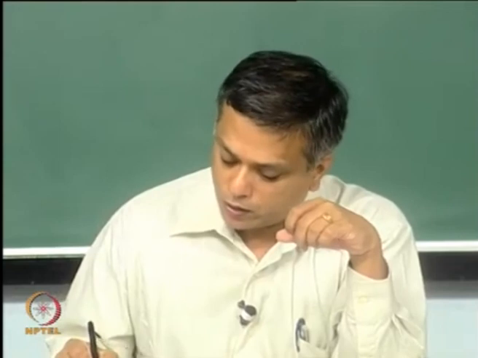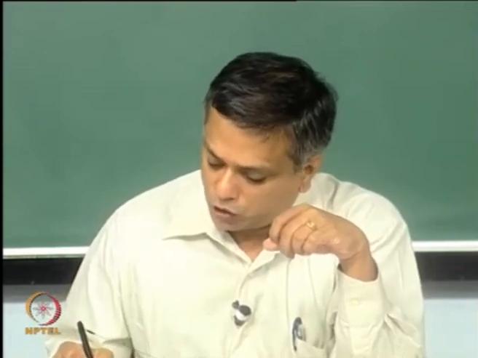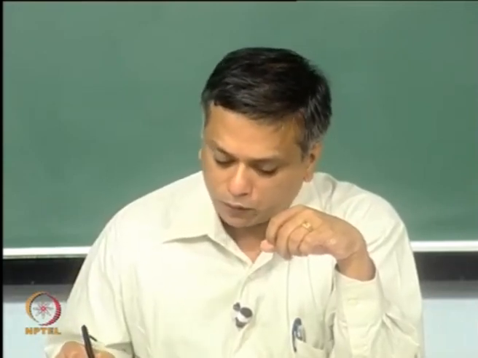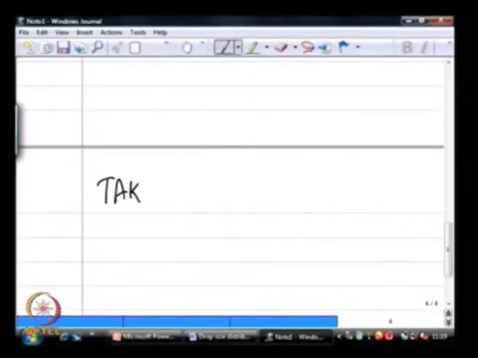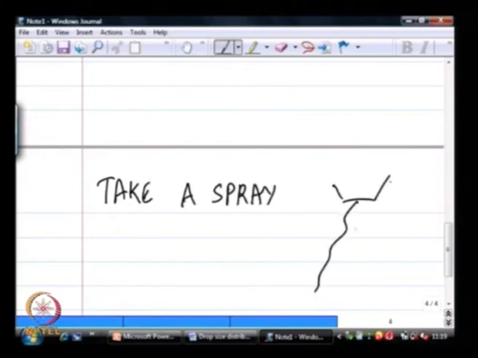Now, just to set things in perspective, if I take a spray, I have a spray nozzle that has got this spray. In the most general description, I have 3 spatial coordinates describing this spray.